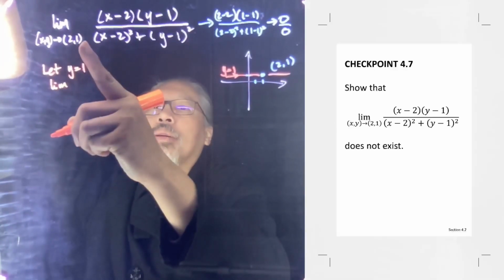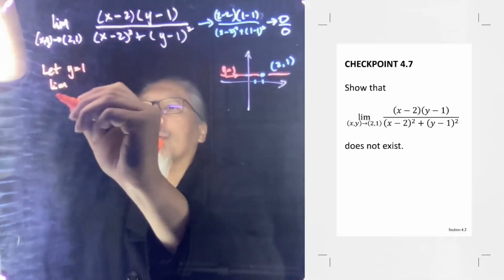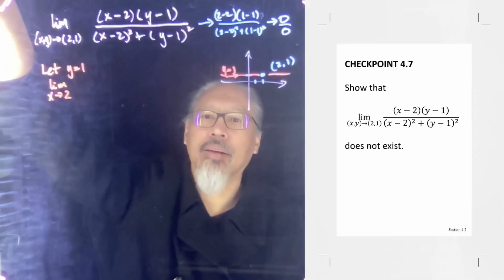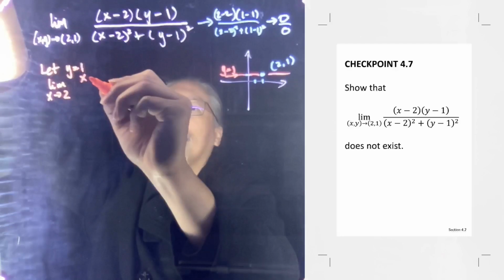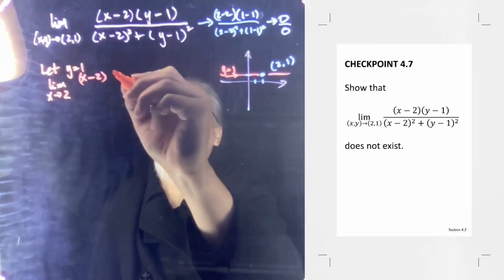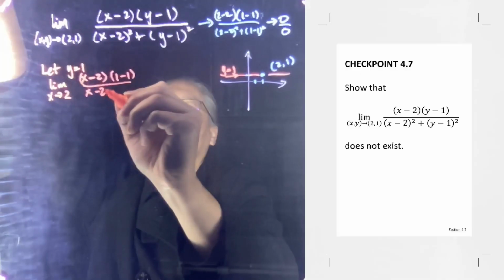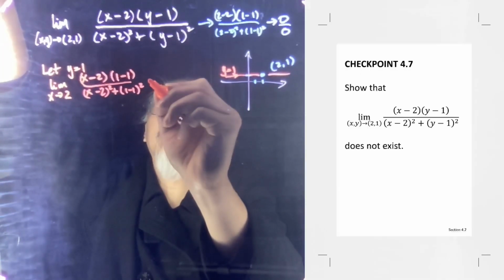Since y is equal to 1, we replace all the y's with 1s, and we only have an x limit approaching 2. So y is 1 and fixed. We have x minus 2 times 1 minus 1, over x minus 2 squared plus 1 minus 1 squared.